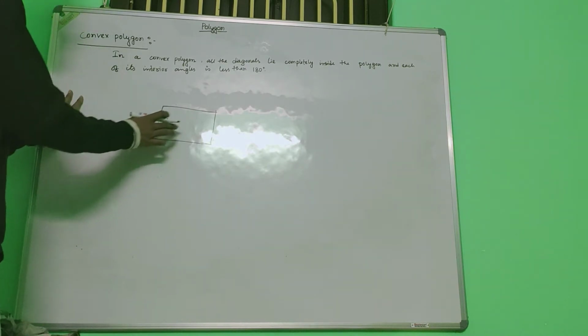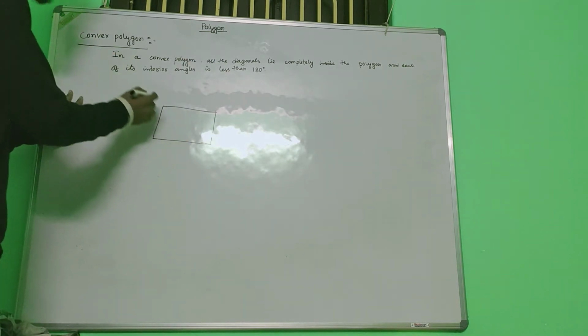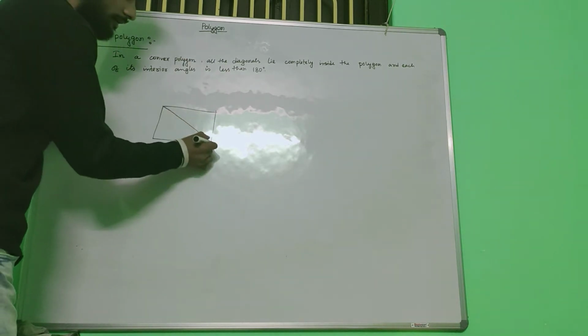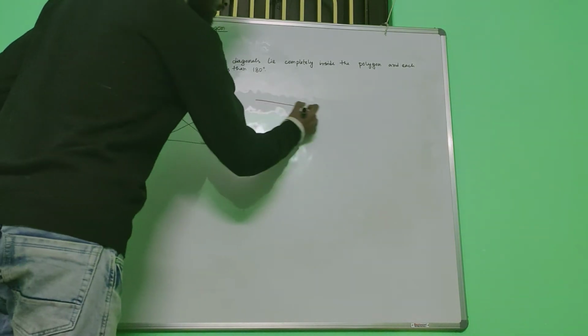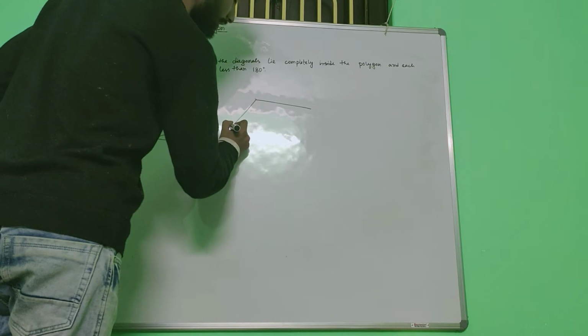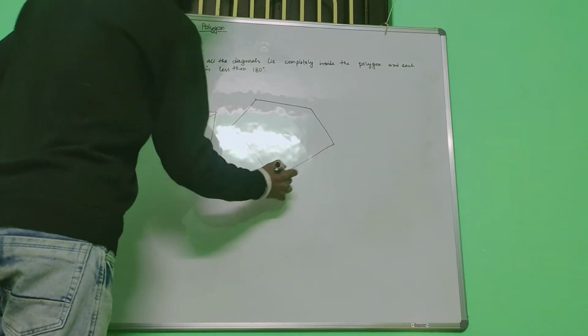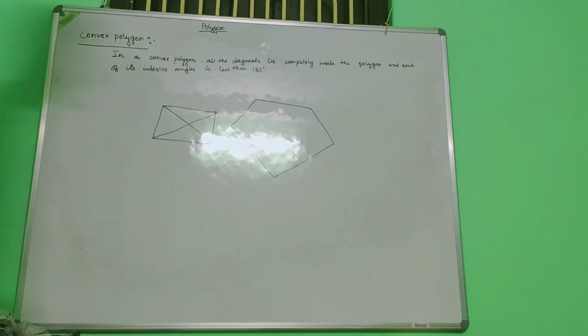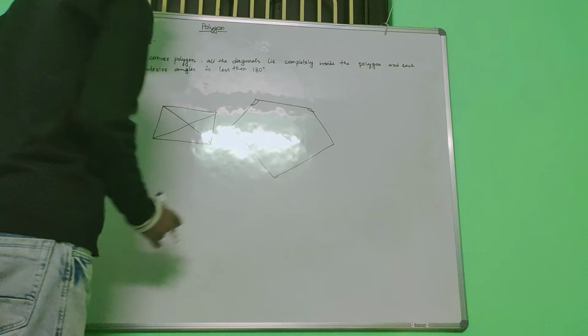They cannot be greater than 180 or equal to 180, as well as their diagonals are inside the polygon only.